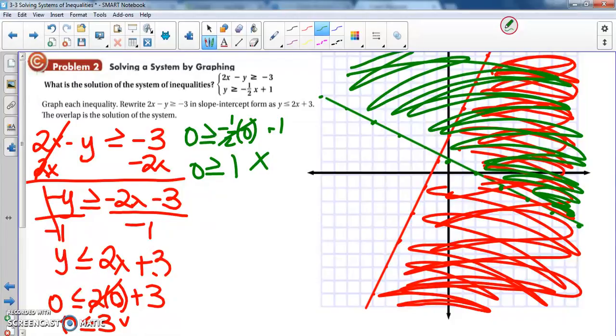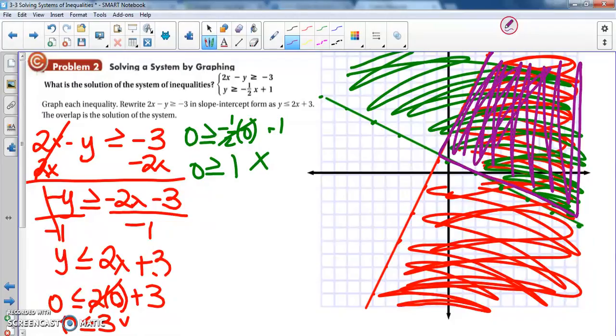Now, where the two graphs overlap is the solution to this system of inequalities. So, from our boundary lines and in between are the solutions to our system of inequalities.